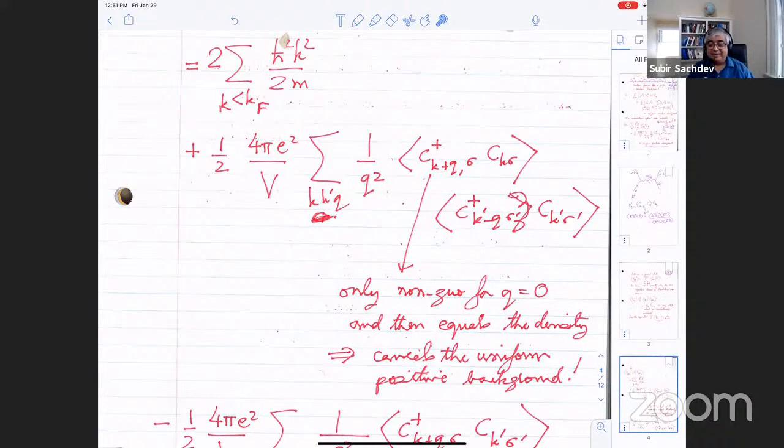But this is where the uniform positive background comes to rescue us, because just think about what we're doing. When we take the expectation value and replace it by a constant, we're just assuming that the electron density is constant. We have these electrons moving in this Hartree-Fock wave function. We're just computing its density. So we've got a term here, which is just the density of electrons, which is independent of position.